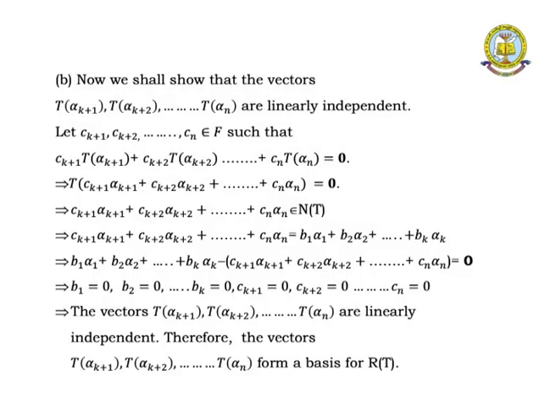So, all these vectors will become 0. So, here we claim that T of alpha k plus 1, T of alpha k plus 2, etc., T of alpha n is a basis for the range of T. This is what we are going to prove.